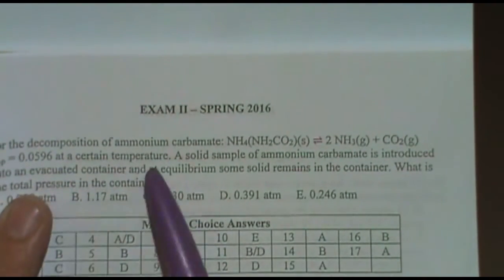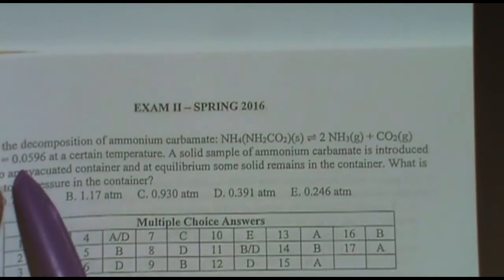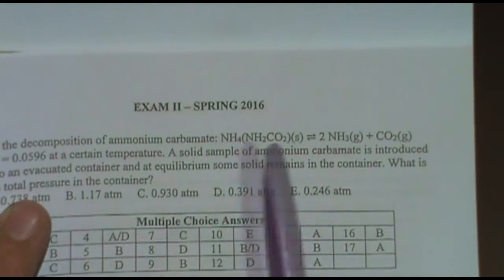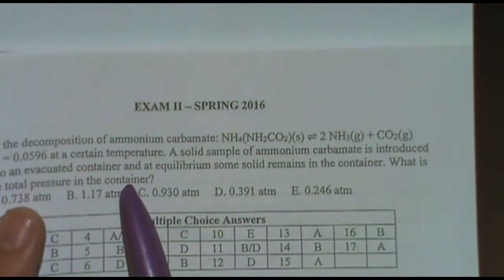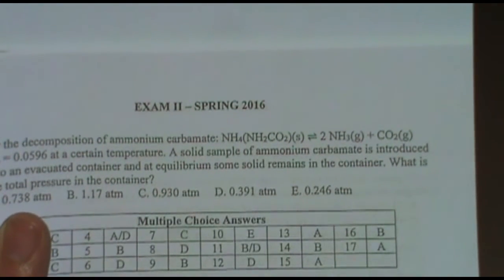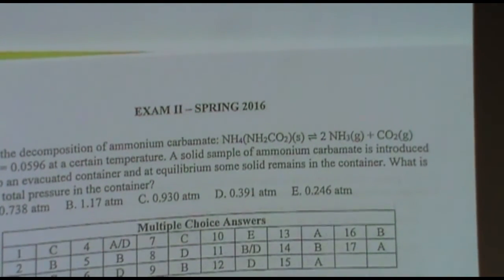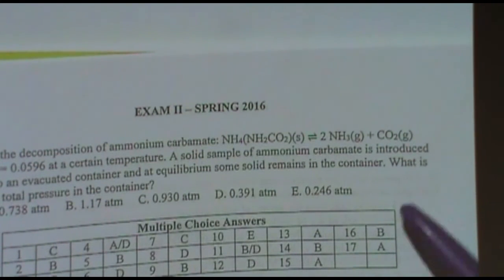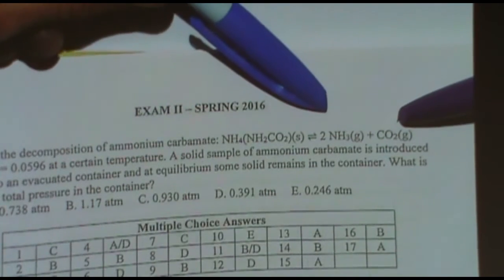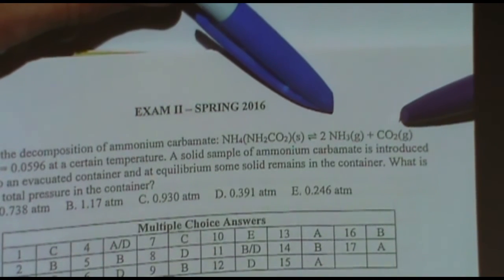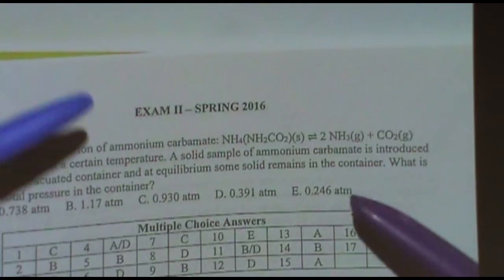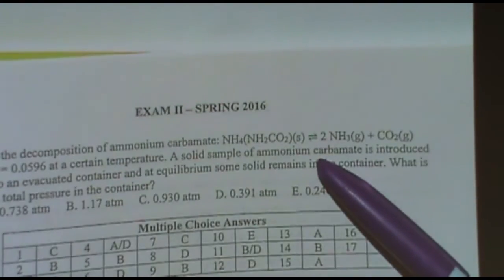So in this case, you have a reaction, you have a Kp. Just a solid is there. There's none of those. Total pressure, we want the sum of the pressures, is what we're looking for. Great question. I'll ask the audience. What are the initial pressures of these? 0, because all there is is the solid.